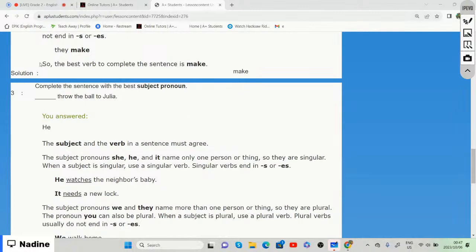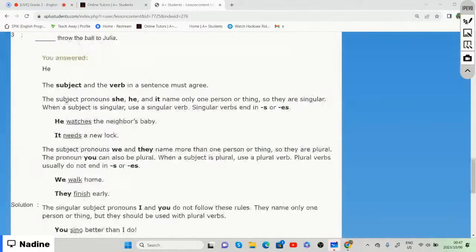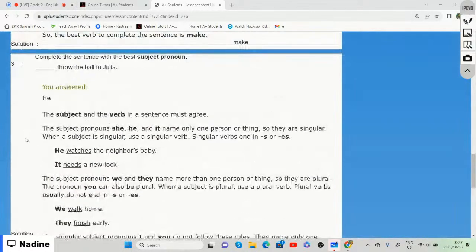So if we select the subject pronoun, then we can say he instead of his name.